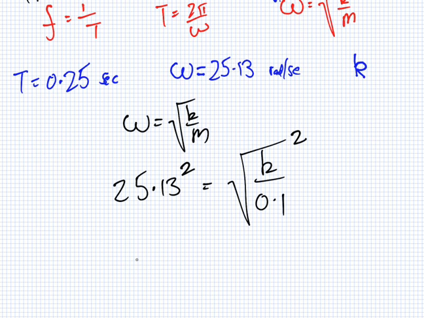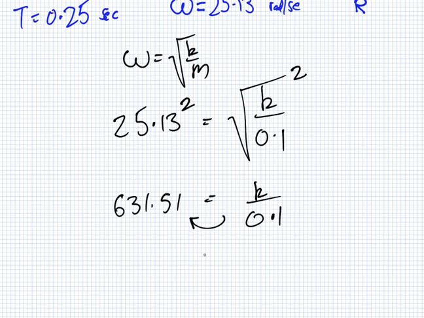What do you get? 631.51. Okay, equals K over 0.1. So we just bring that up and we have our K. K equals 63.2, roughly.